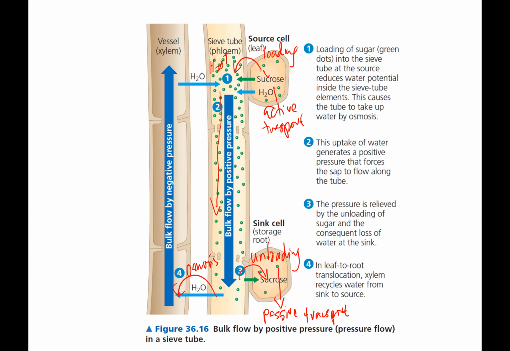The second process is passive transport, where the sucrose is unloaded into the sink cell or the root cell.